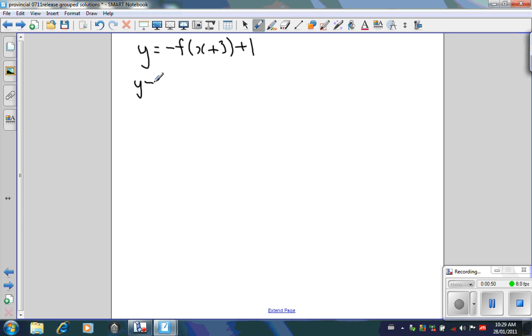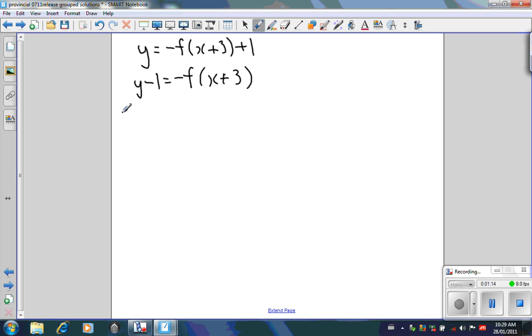I get y minus 1 equals negative f of (x plus 3). And so now all of a sudden it's clear to us that this plus 1 over here is really a transformation in y.